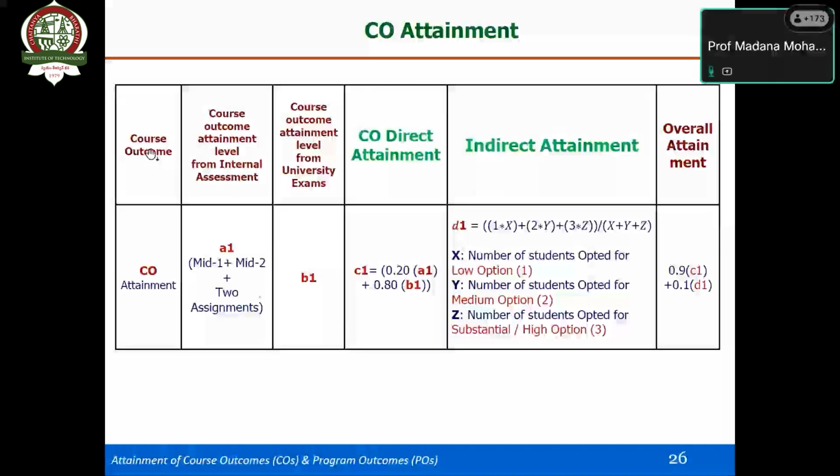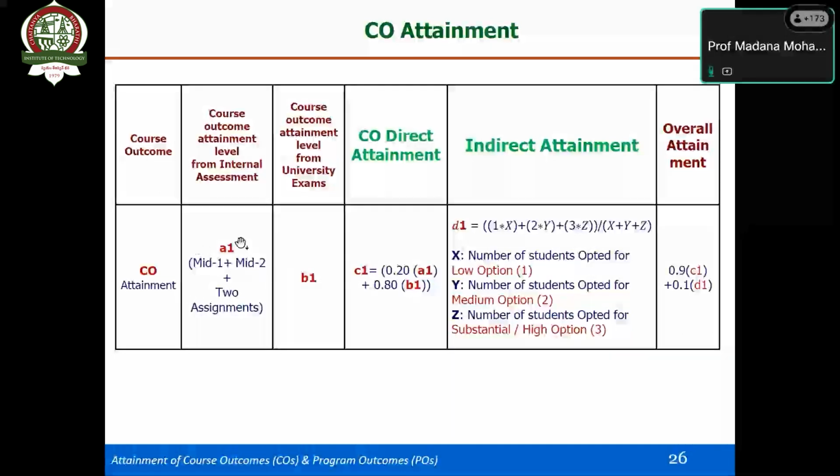This table shows course outcome, course outcome attainment level for the internal exam, course outcome attainment level for the end exam, then direct attainment, indirect attainment, then overall attainment. All the computations and calculations are included in this table.